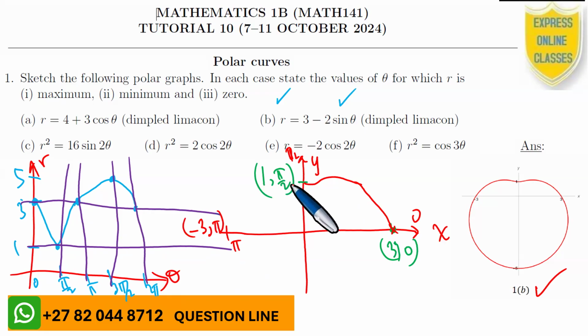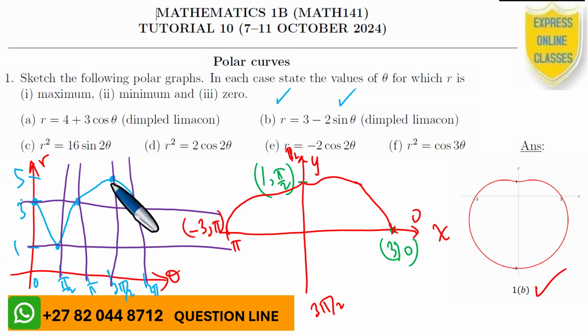On the other side, you can see a gradual increase there between pi and 3 pi over 2, a gradual increase from 3 to 5. But it is on the other side of pi over 2, for example. But also it is on the other side of pi.